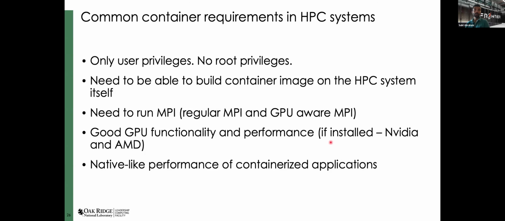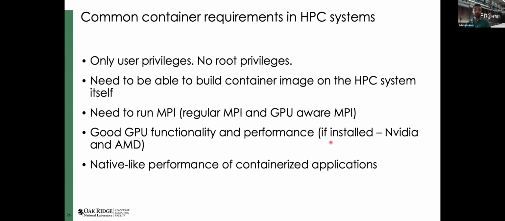Many applications that run on HPC systems require that they are able to use MPI, both regular MPI and also GPU-aware MPI. A container should not get in the way of the application being able to use MPI to communicate and then scale up on your HPC system.